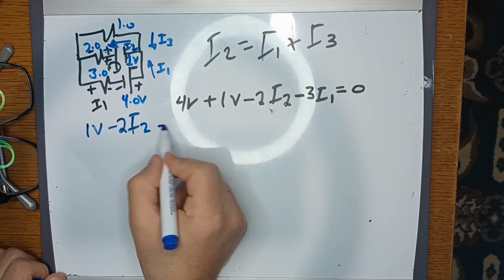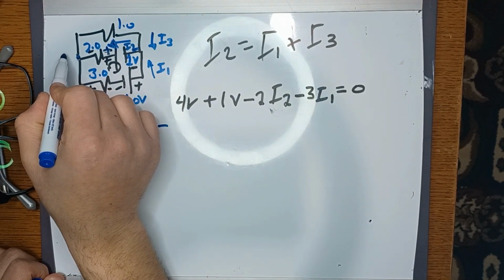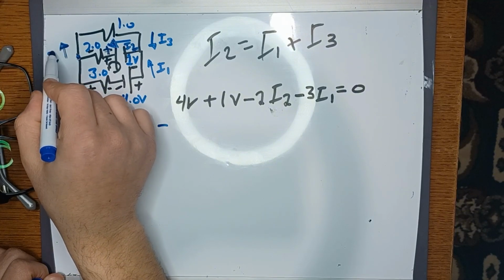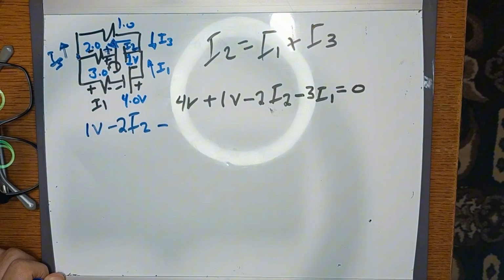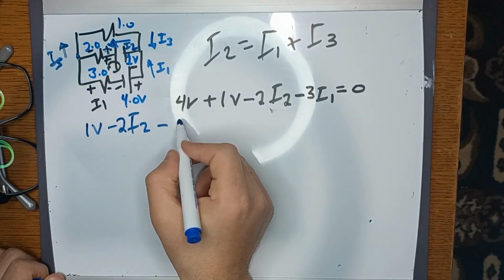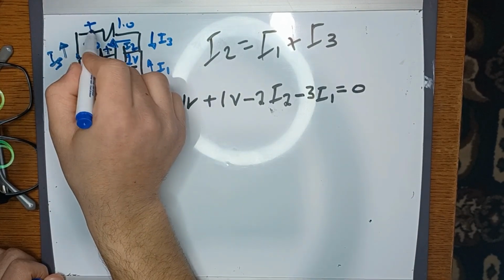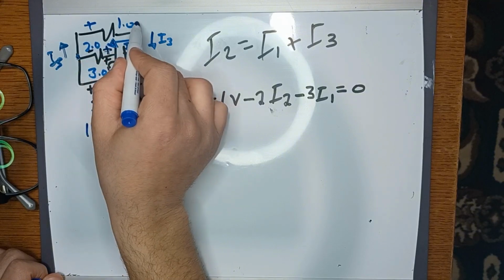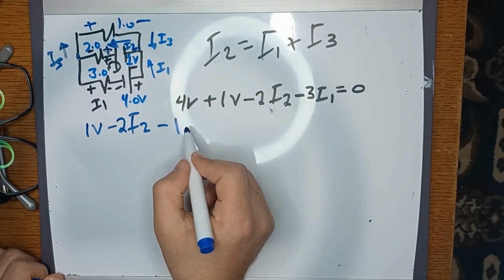I2. Now it gets to this junction, goes up into I3. So in this resistor, it enters from positive, exits from negative. So we would have -1.